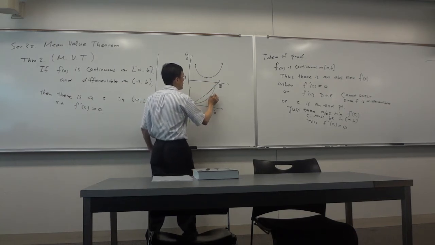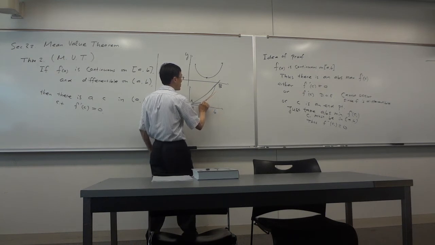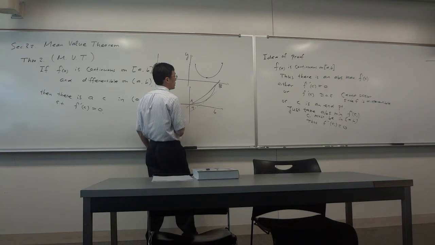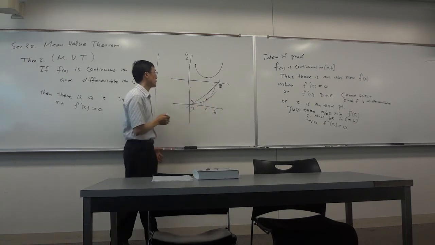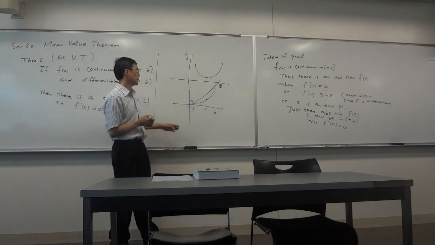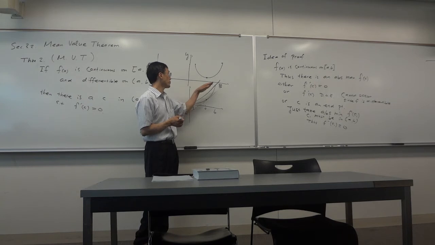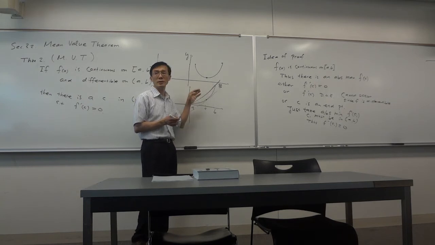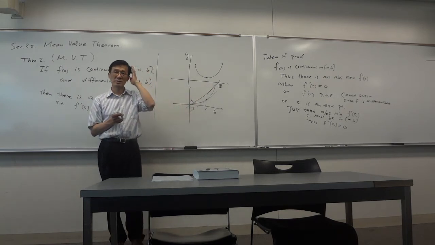In other words, the tangent line here is going to be parallel to the secant line AB. So that's the statement. There is a C such that the tangent line at the C is parallel to the secant line AB. Okay.